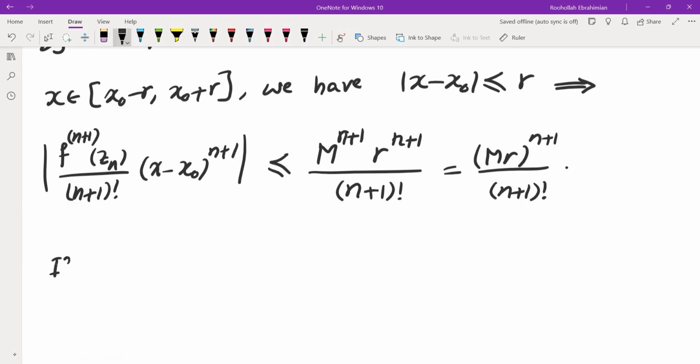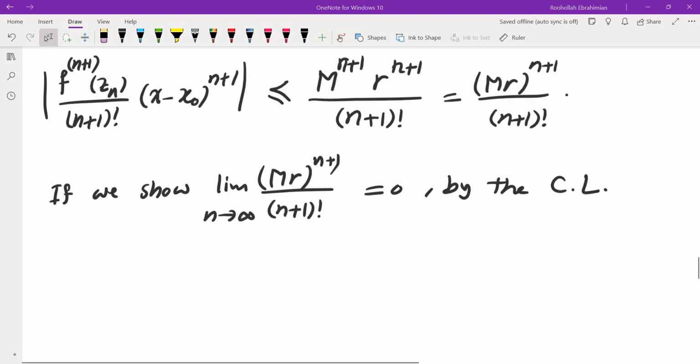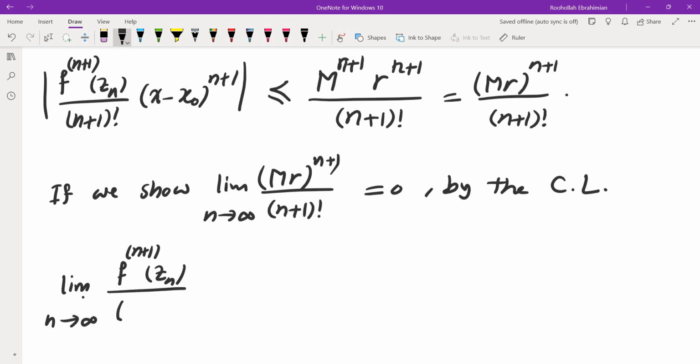So if we show the limit of (mr) to the power of n plus 1 over n plus 1 factorial is 0 as n approaches infinity, then by the comparison lemma, the limit as n approaches infinity of f^(n+1) of Zn over n plus 1 factorial times x minus x naught to the power of n plus 1 would also be 0 as desired, and then we would be done.